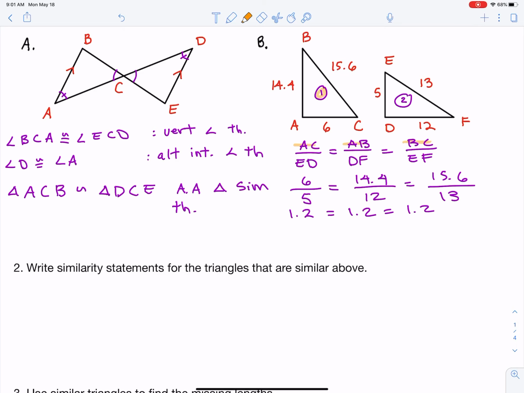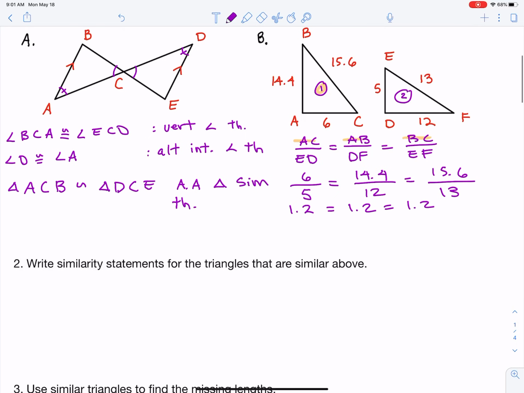So I'm going to say triangle ABC is similar to triangle, and let's make sure we have it. So A to B, which is D to F, then it goes, yep, so it goes to DFE, right?